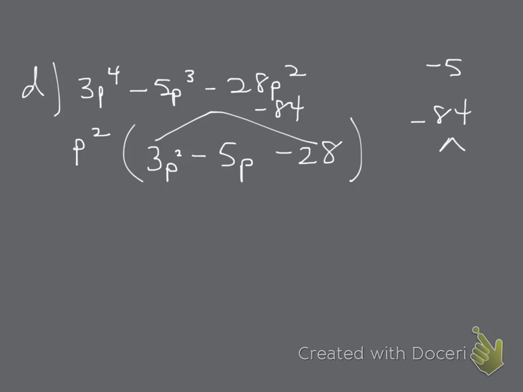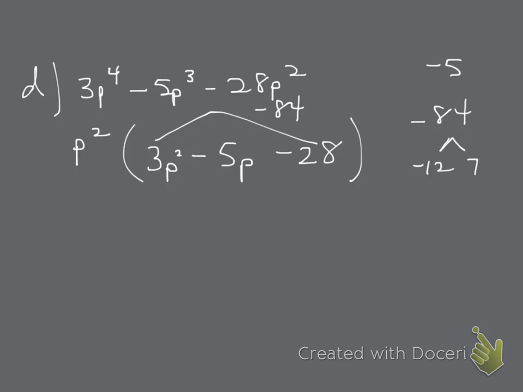Hit second table. And now you can see all your factors. So you're trying to find a pair of factors that will equal negative 5. So what are they? 7 and negative 12. Okay, good job. So 7 and negative 12.